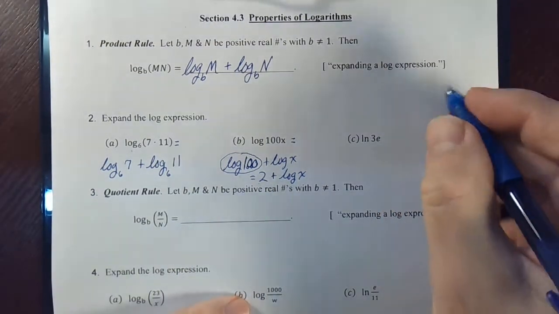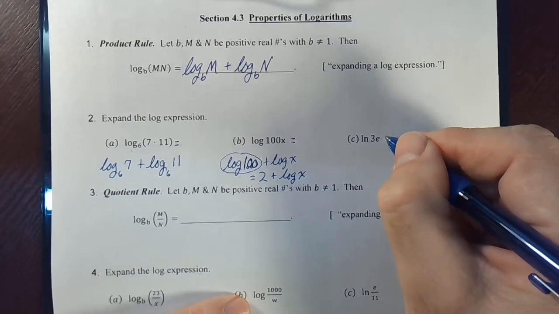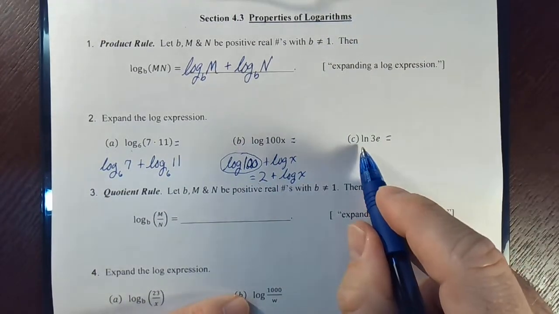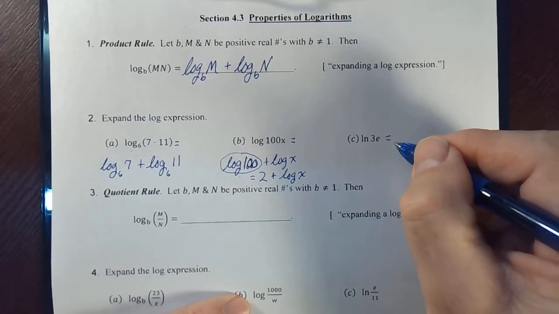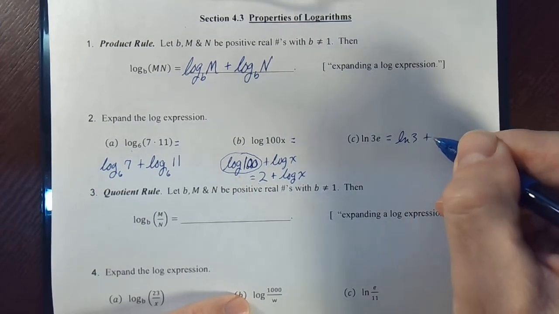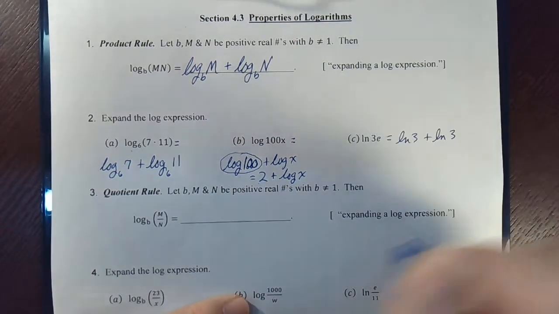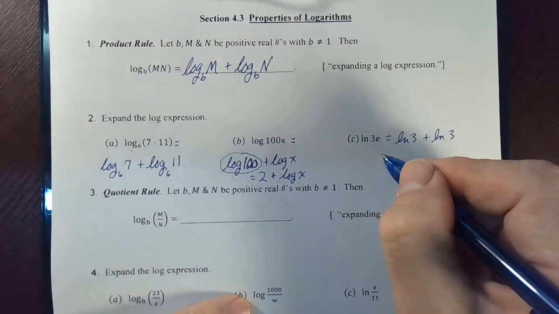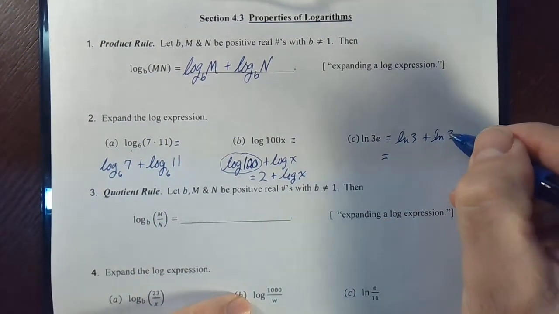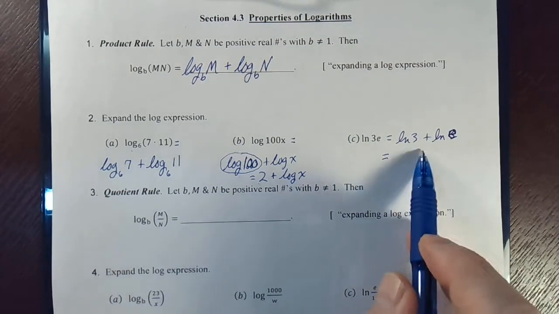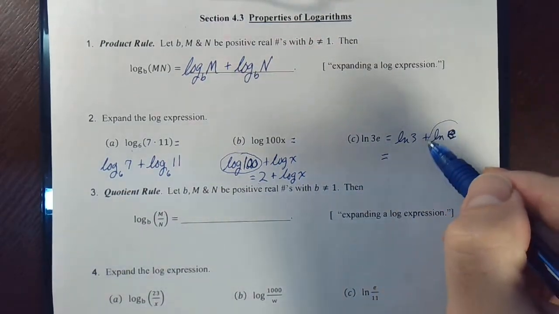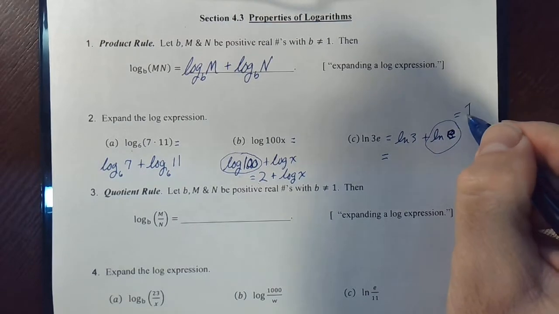All right, now let's look at this. Well, this would be natural log of 3 times e is the natural log of 3 plus the natural log of e. So one of these we know. This is equal to 1.